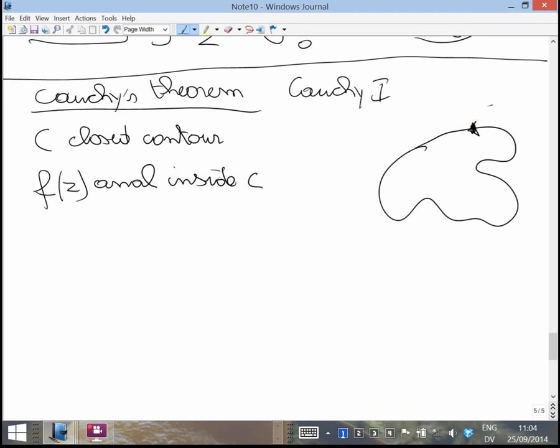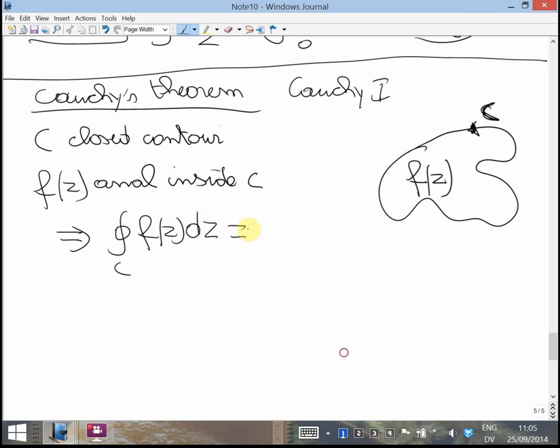It doesn't matter what the shape is, as long as it's closed. And we have a function f of z, which is nicely well behaved on the inside of the contour. It's a holomorphic function there. And Cauchy number 1 tells you that the contour integral of f of z dz in such a case is 0.